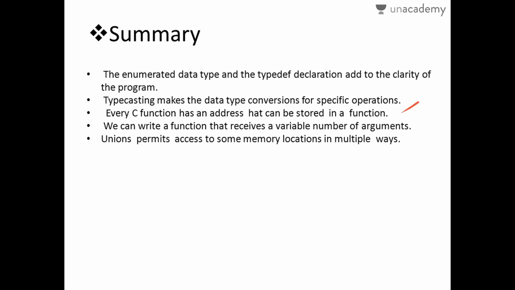Every function has an address, and that can be stored, and we can write a function that receives a variable number of arguments. Also, unions permit access to some memory locations in multiple ways. Like I said, unions are for the same memory locations, and they can be used for storing different data types. This is the summary of the lesson that we have gone through till now.